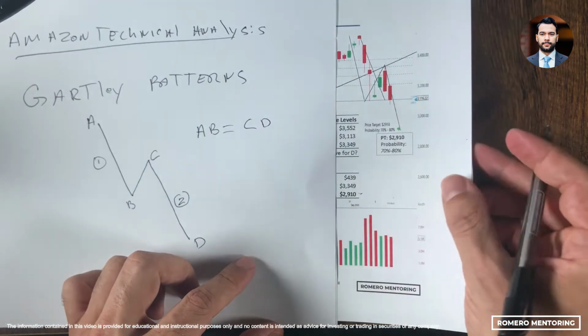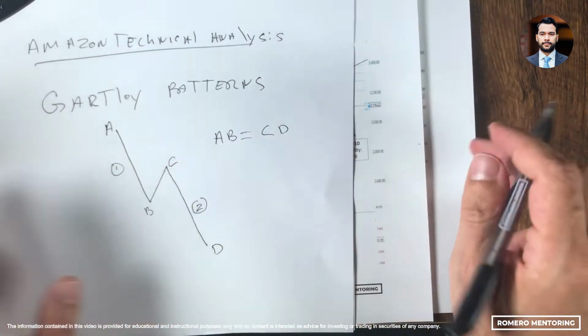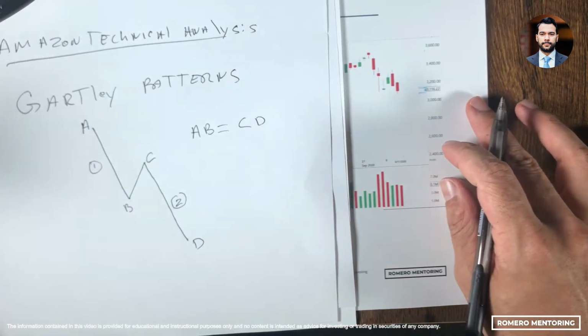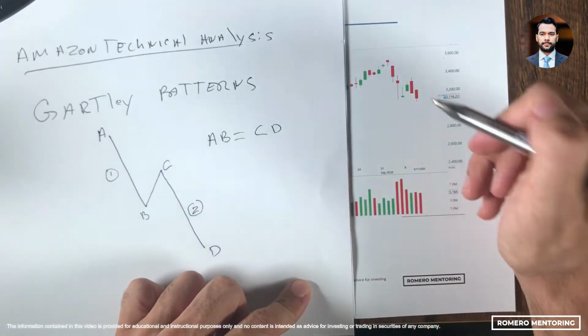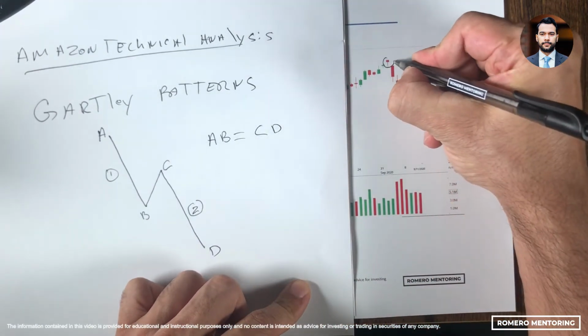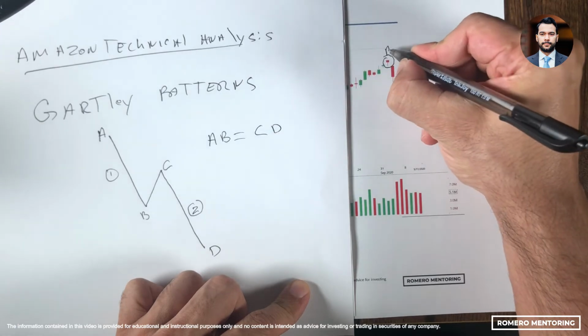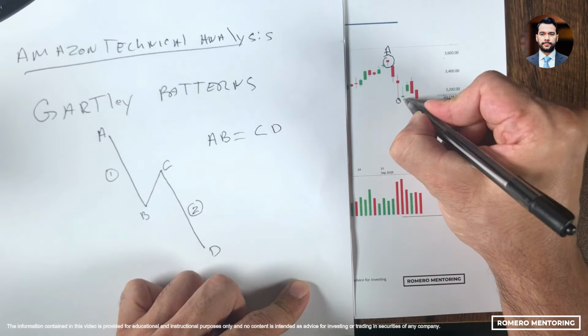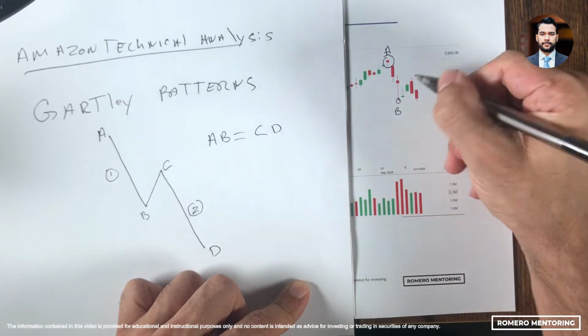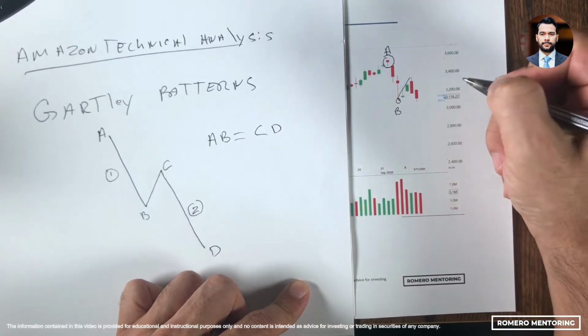Okay, so let's look at it here. Let's get a clean chart. So your first point is over here. This is the change in direction. This is your A point. The swing low right here, where it reverses, this is your B point, your temporary bounce.